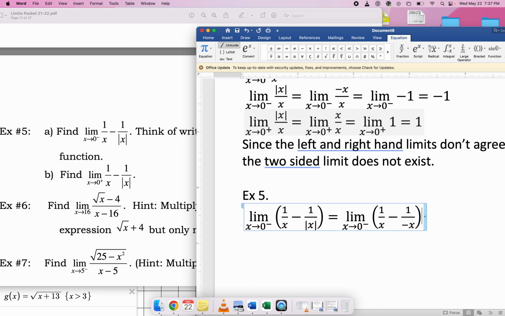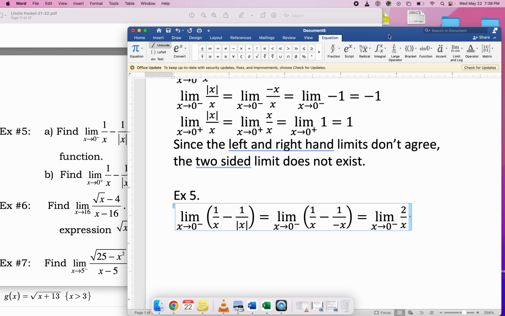And so with that in mind, we can simplify. That's 1 over x minus negative 1 over x, so it's just 2 over x. And if you plug 0 into that, you get a non-zero number over 0, which indicates that you have some kind of a vertical asymptote. So yeah, this is some kind of infinity.